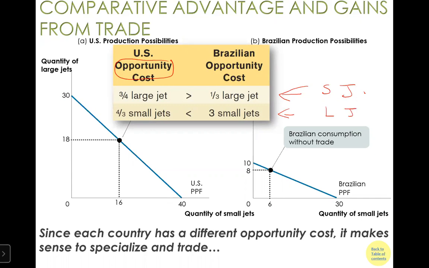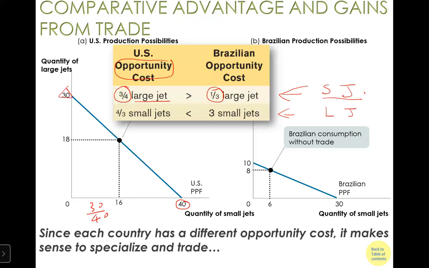In the United States, what is the cost of a small jet? In order to produce 40 small jets, you give up 30 large jets. So the cost is 30 divided by 40, which gives us 3/4 of a large jet as the cost of a small jet, right? And similarly, we can calculate the opportunity cost of a small jet in Brazil, which is 1/3.